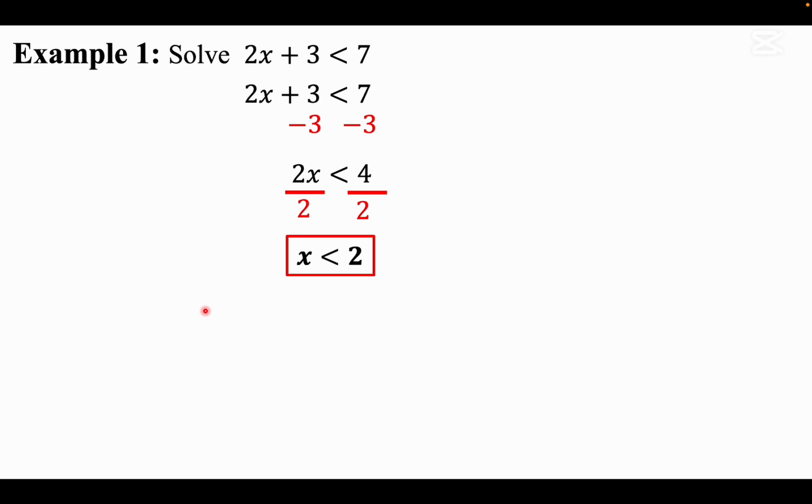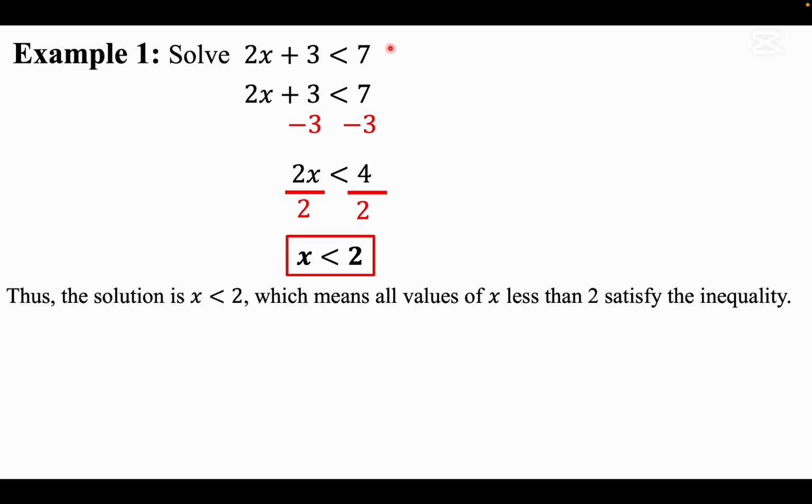So the x values that would satisfy this inequality are all x values that are less than 2, right? Every x value to the left of 2 should make this a true statement. Thus, the solution is x is less than 2, which means all values of x that are less than 2.